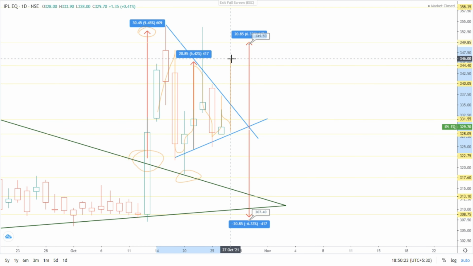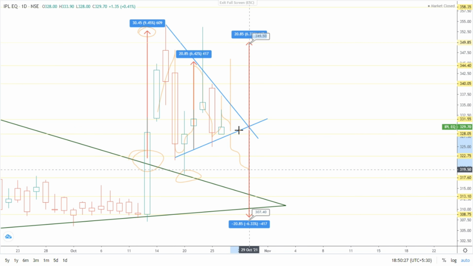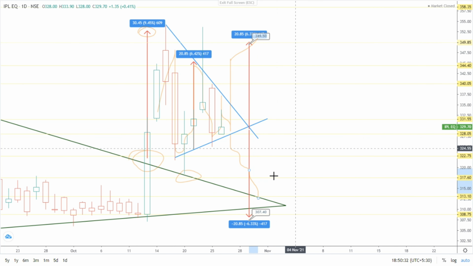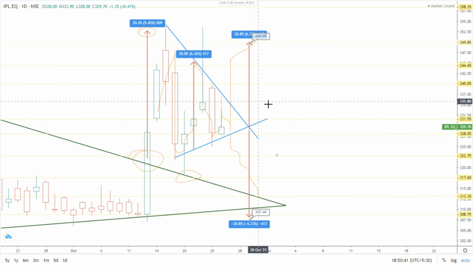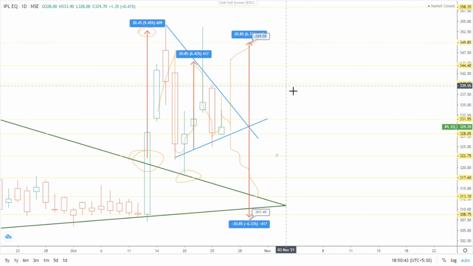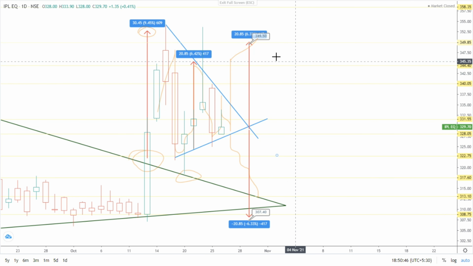A breakout can be seen on the upside like that, or a breakdown can be seen on the downside like this. The stock can go upside or downside, whatever happens. It can take support here also, or at any one of the support zones, these yellow lines. If it goes up, it will break each and every resistance and achieve this target.